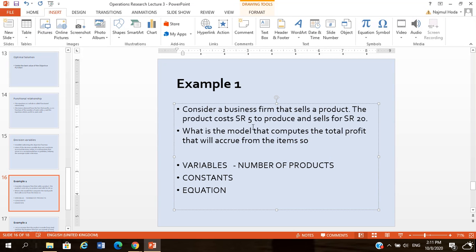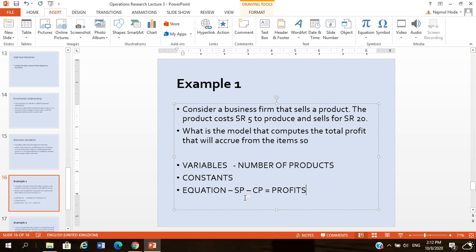I make the product for 5 riyals and I sell it for 20. So, I will simply say that selling price minus cost price is equal to profit, simple.